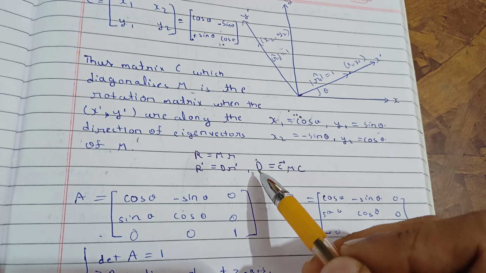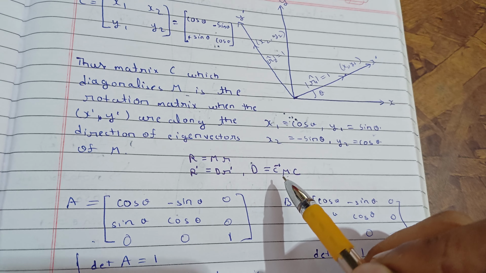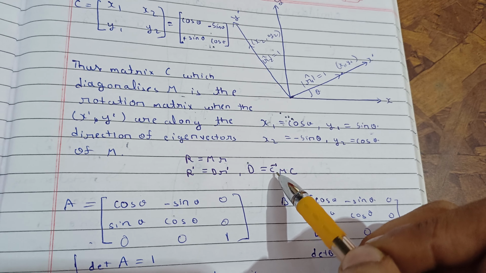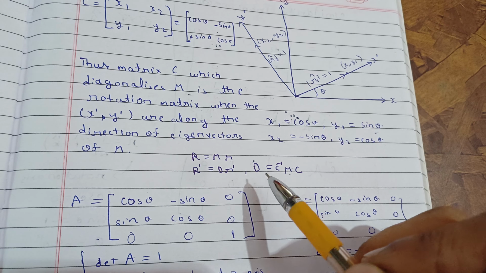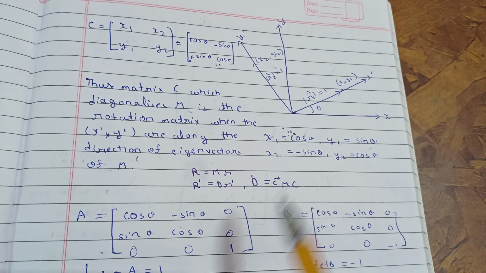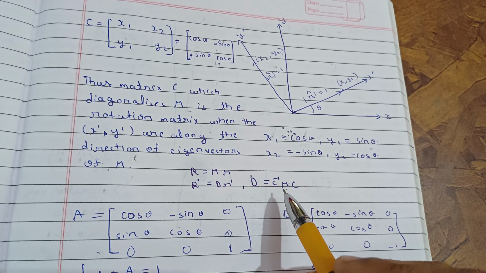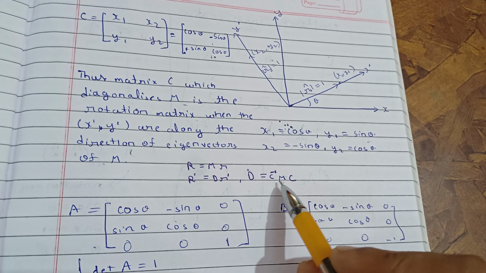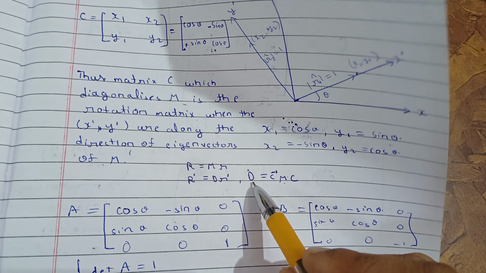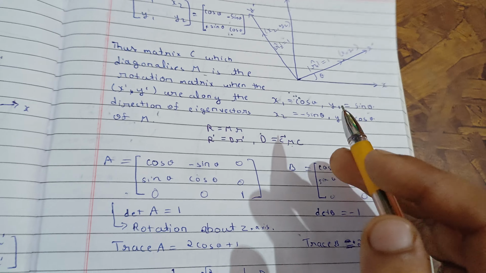And D is nothing but C inverse MC, where C is made of the eigenvectors of M, which are perpendicular to each other, and then they represent the rotation. This C matrix represents the rotation matrix, and the theta angle inside this matrix represents the angle of rotation. And D does not always need to be diagonal, because it depends on the eigenvalues. If all the eigenvalues are real, then we will get the diagonal matrix. If not, then we won't get the diagonal matrix.